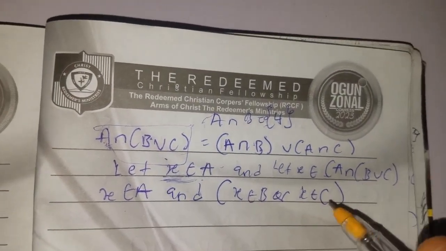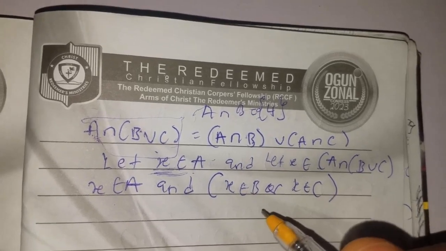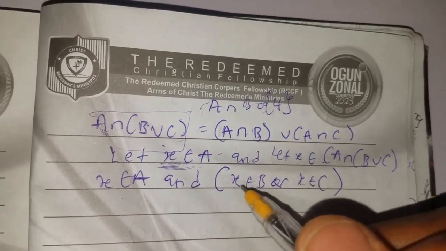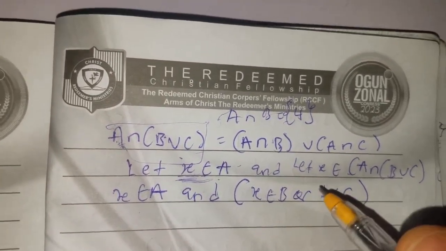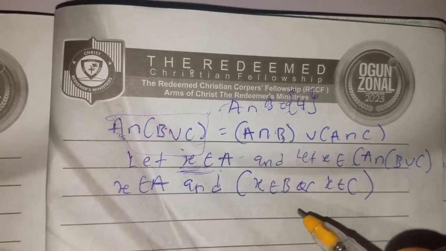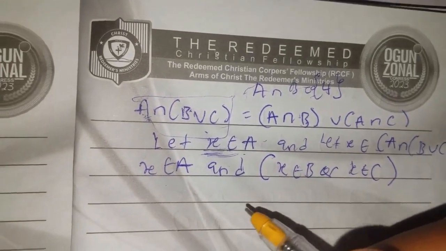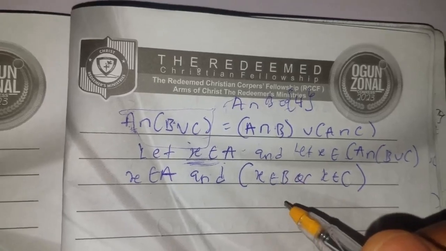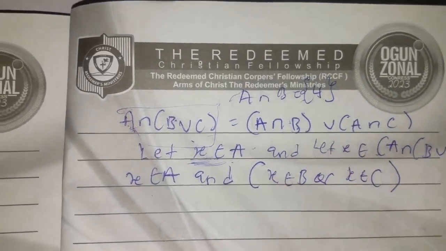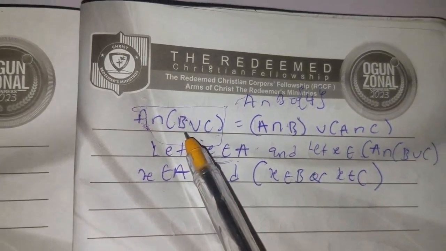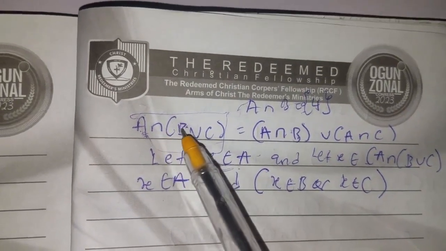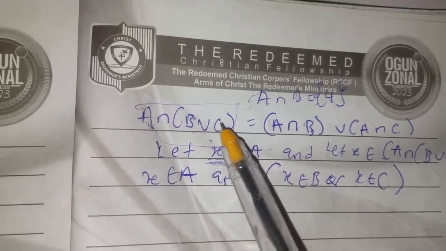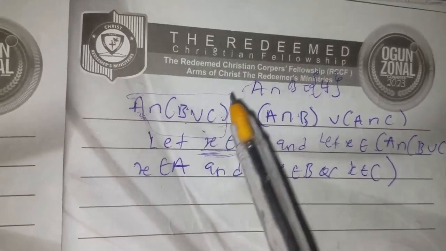Now, we normally denote elements with small letters. So, this is supposed to be a small letter, but because I'm writing it, you understand? The reason I put "or" here is that remember that for union, you just mash all the elements together. Since A intersection B union C can be equal to X, it means one of these two must have X as its element.